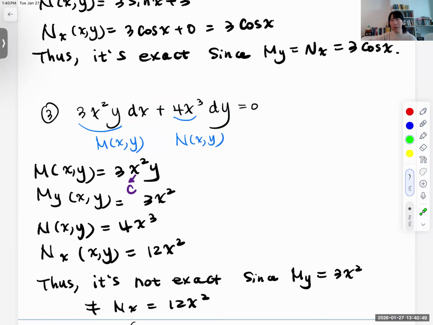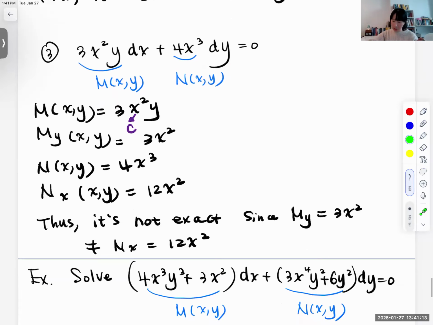To know about exactness, even though we have x, we are going to find the partial derivative with respect to y for this one, and the partial derivative with respect to x from this one. They must be equal, right? Slightly different, right? Okay, so let us do this one.